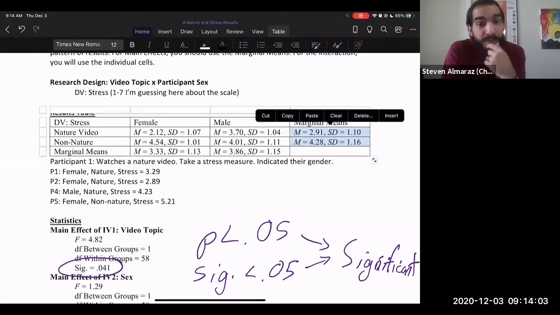Wow, my internet's very slow. That's not what my screen looks like. But these 2 over here on the far right, because those are my 2 stress levels for nature and for non-nature, okay? Actually, my internet's very bad. So can somebody maybe just mention yes in the chat if you can hear me still?